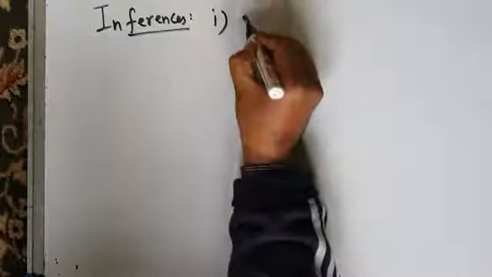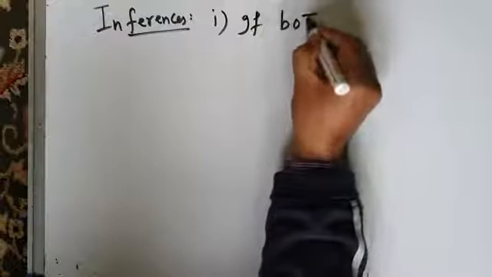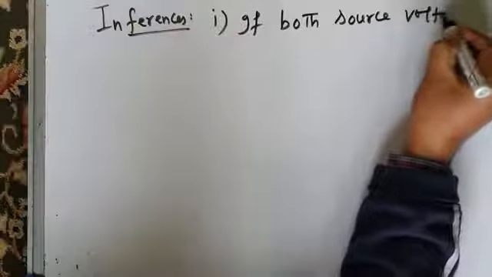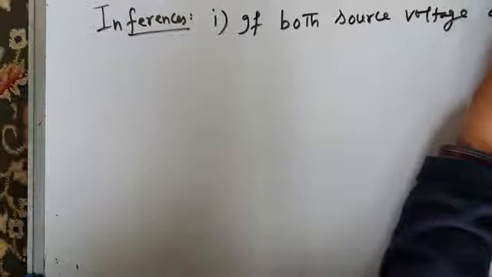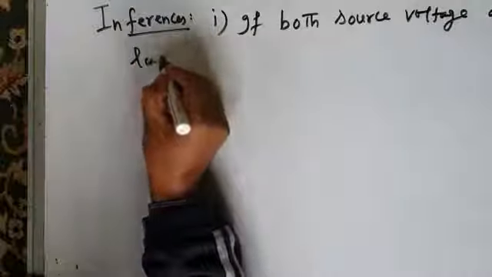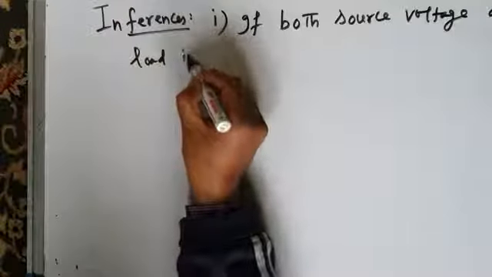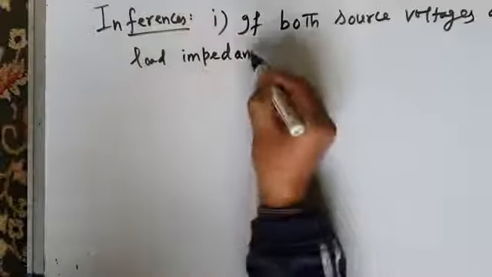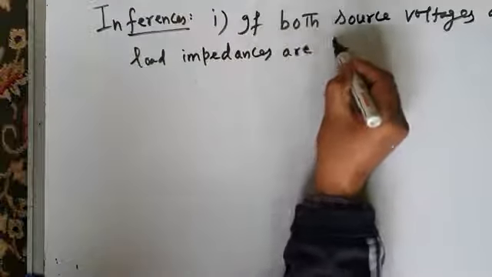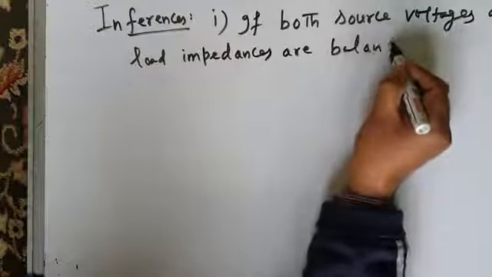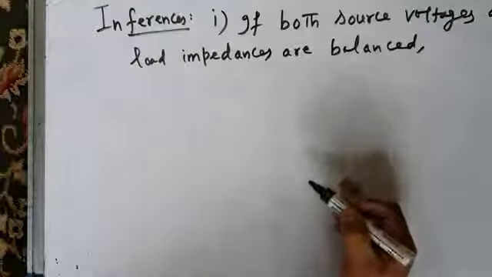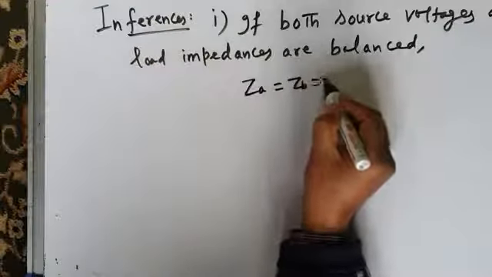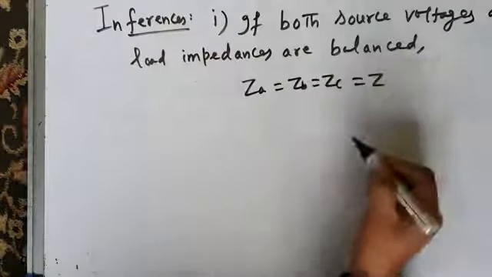So I will write here, if both source voltages and load impedances are balanced, our equations will get modified. So that means ZA is equal to ZB is equal to ZC is equal to Z.